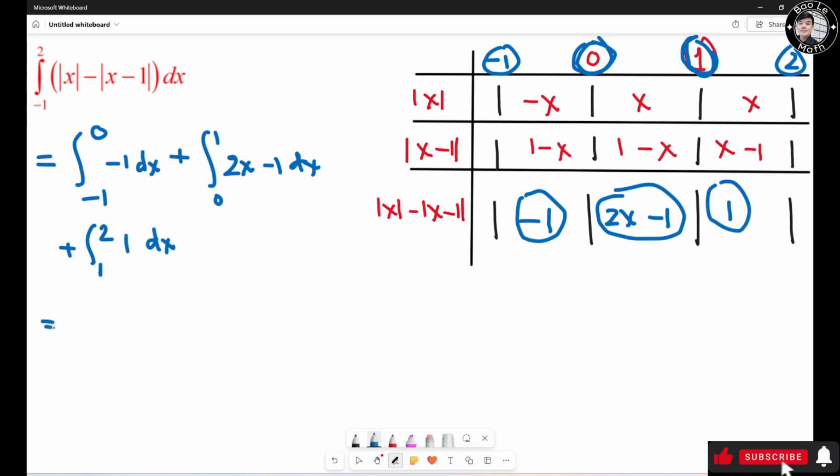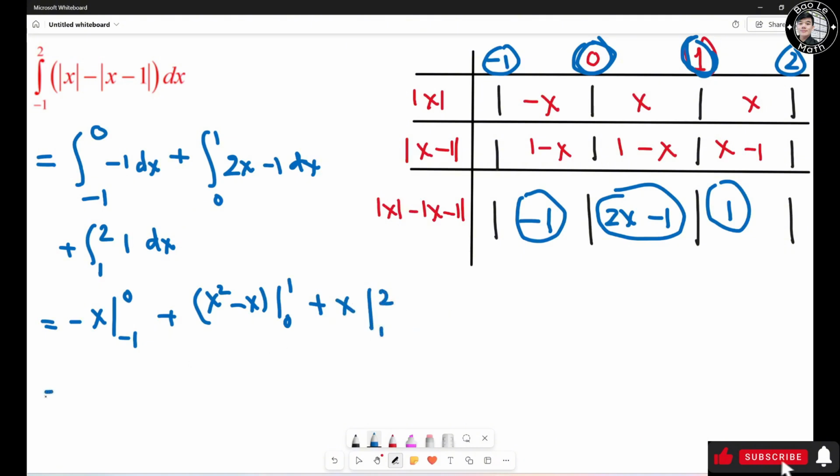So the first one equals -s evaluated from -1 to 0, plus s squared minus s evaluated from 0 to 1, and the last one plus s evaluated from 1 to 2.